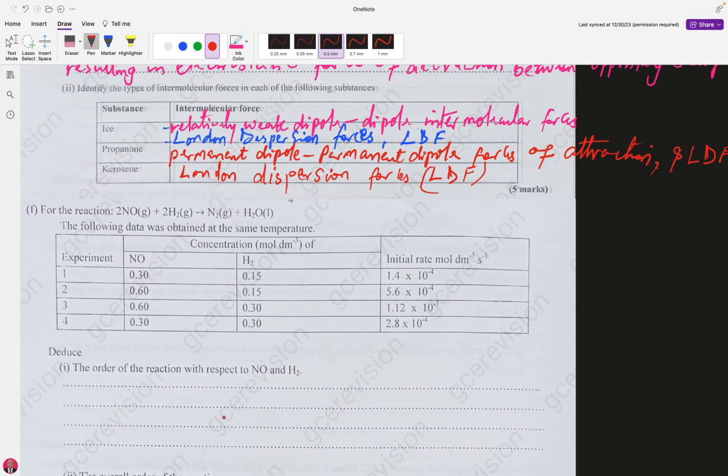So now F1, we want to calculate the order with respect to NO, before we go to hydrogen.